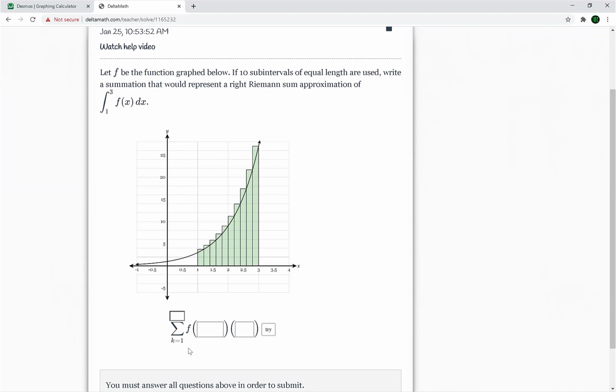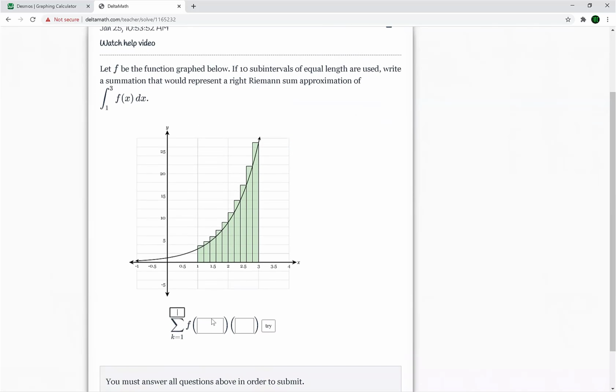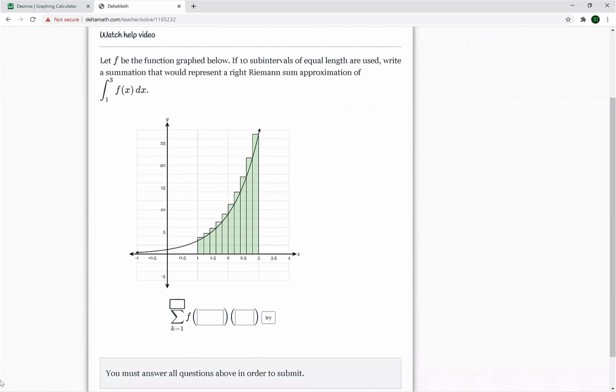Well, first of all, I have 10 rectangles, so the top number here must be 10. Let me get my little keyboard out. Number 10. And then I'm going to start at 1, so I'm going to put a 1.